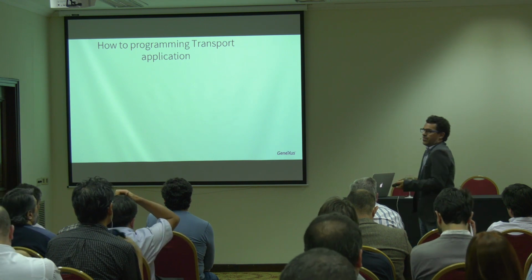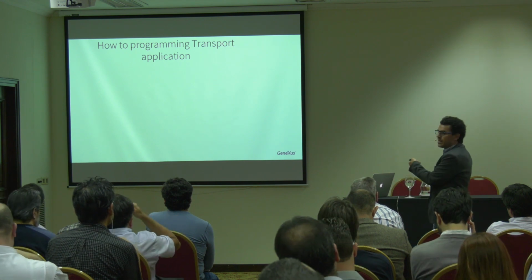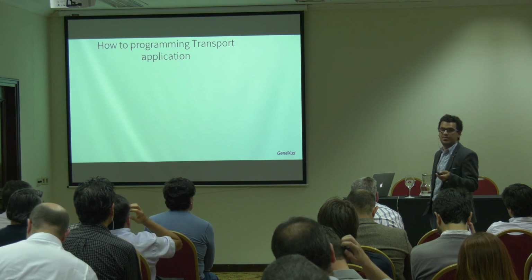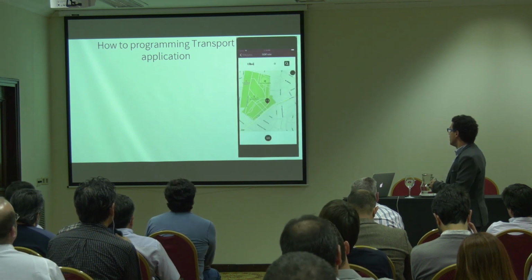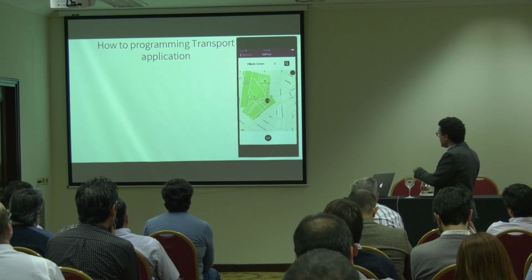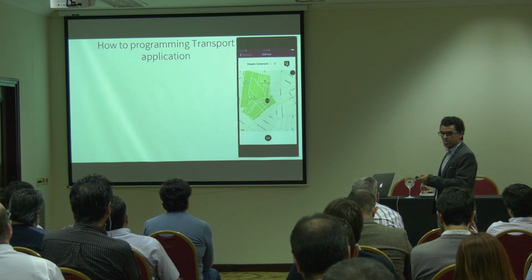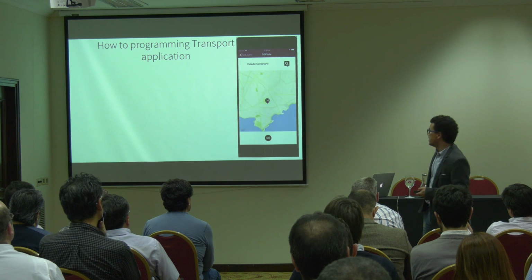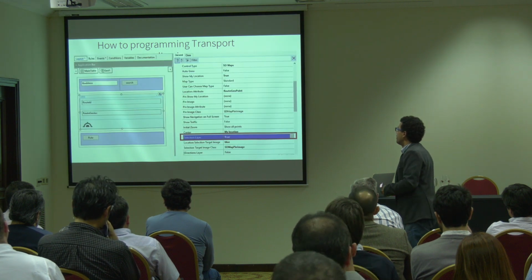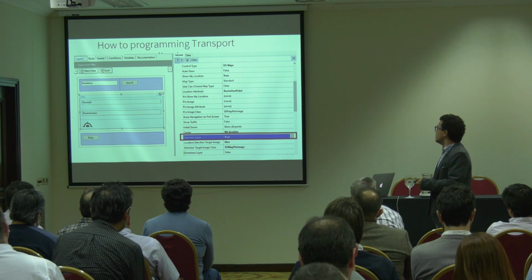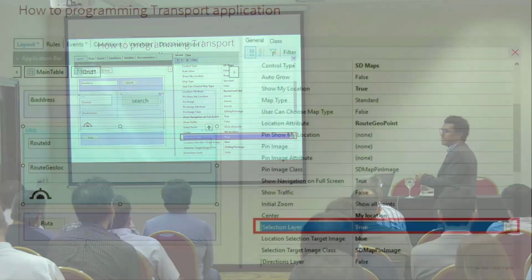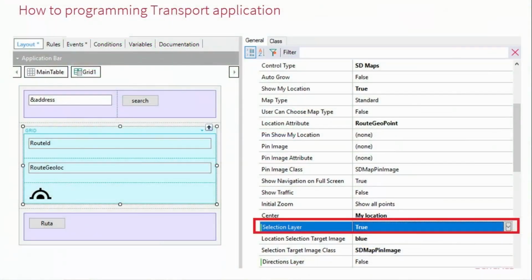Now, just to think about how to go about these things, this transport application and how I did it. Well, in my case, what I did was not to use the standard object. I used the grid properties. And although I've got a table with all the places of interest, this is the only one that's going to show me the direction between the 2 points.